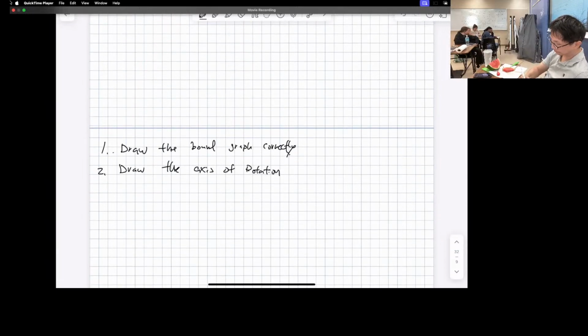Next one. Step 3. This is probably one of the hardest steps to follow, the way you draw it, okay? But you have to pay attention from where to where.